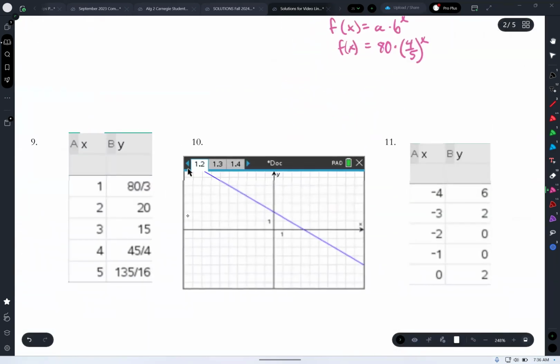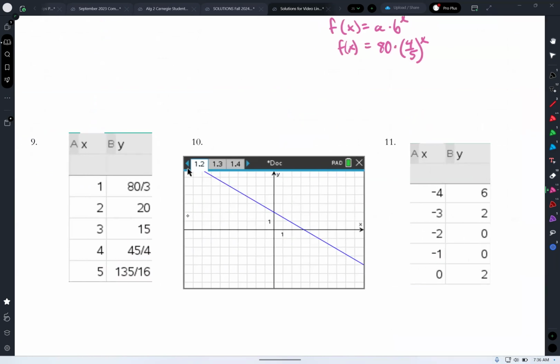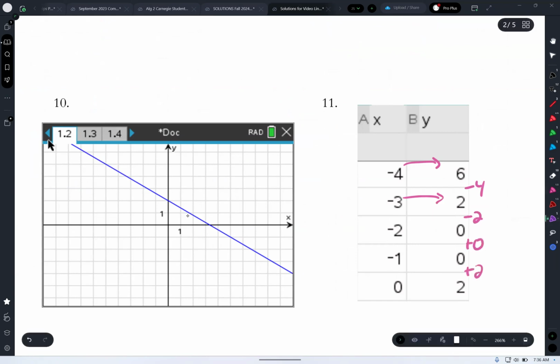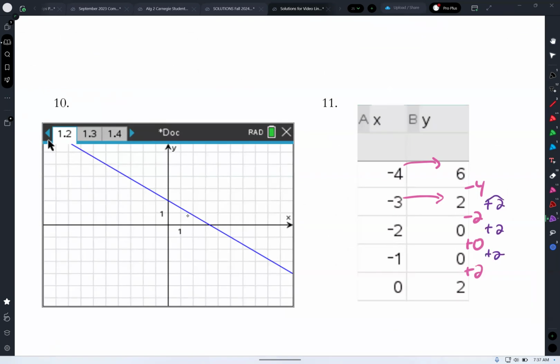Okay. Because we did not get to number 11 very much in many classes, I'm going to talk about this one. We would want to notice this is a function. One input is mapping to only one output, but when I look at my rate of change, I have a constant additive right here.